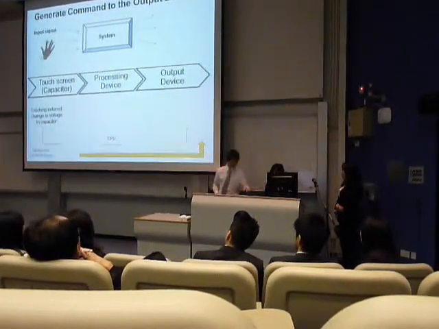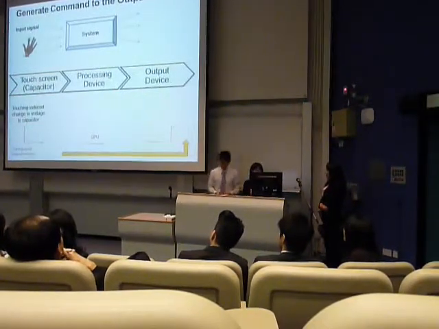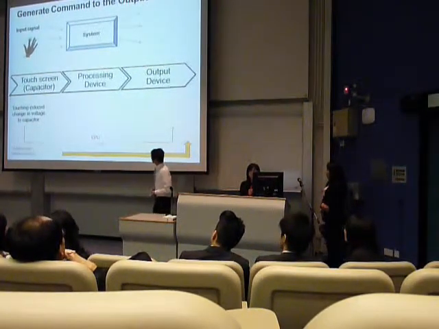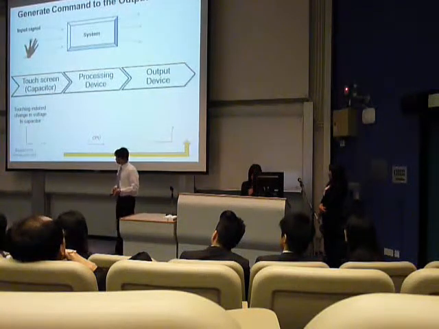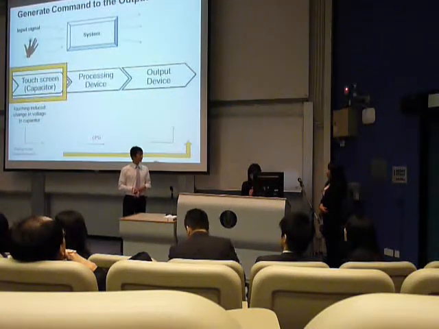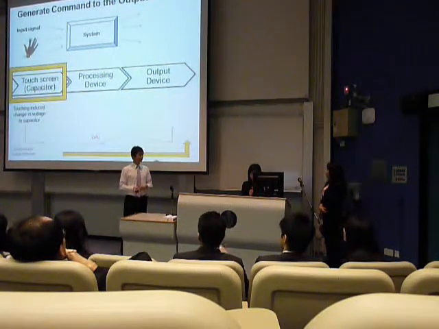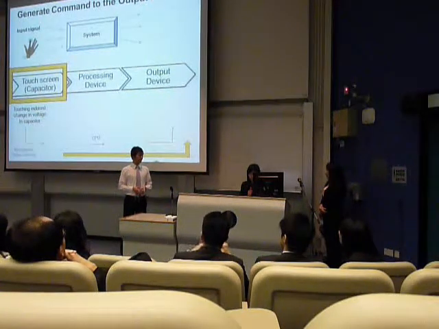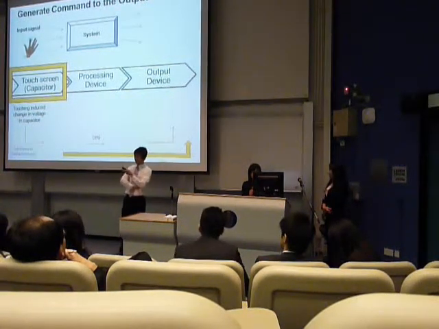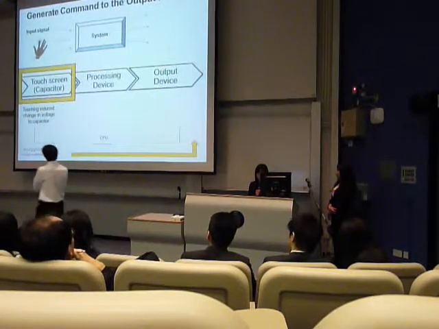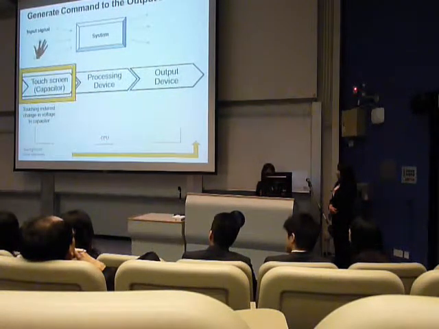In the previous slides, we discussed how the capacitor captures your touch and turns it into an analog signal. In this part of our presentation, we will discuss how this analog signal will create commands to the applications and hence to your output device.